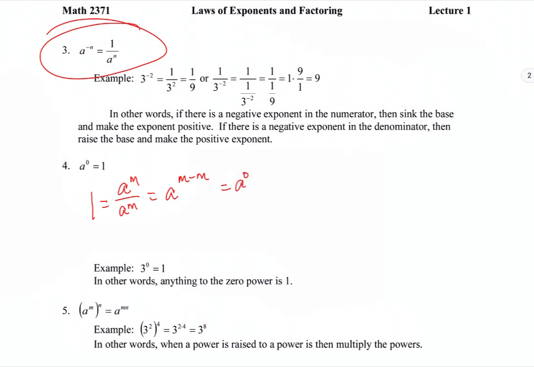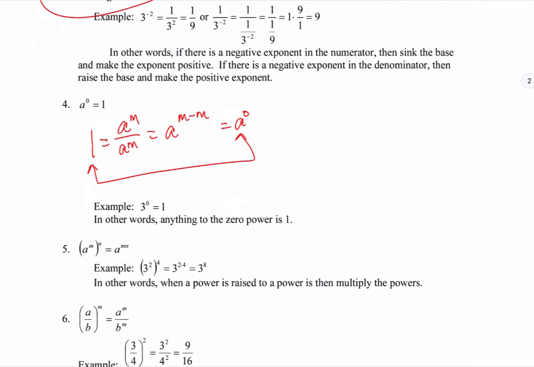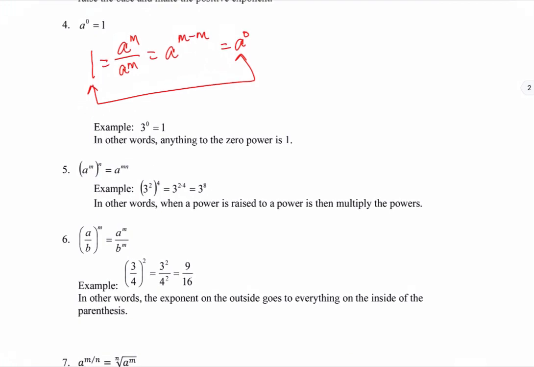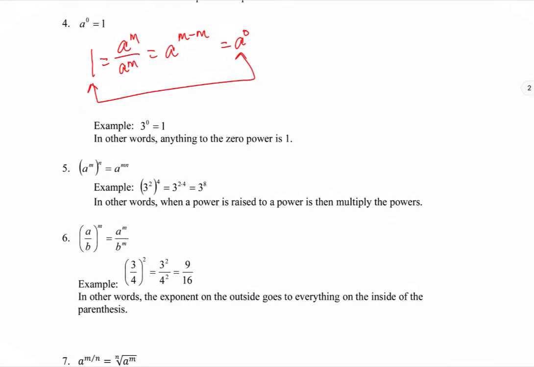So in other words, I have shown that a to the 0 equals 1. Kind of slick there. I'll let that digest for a minute.